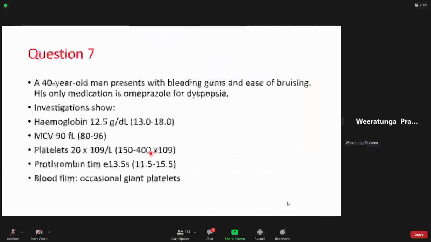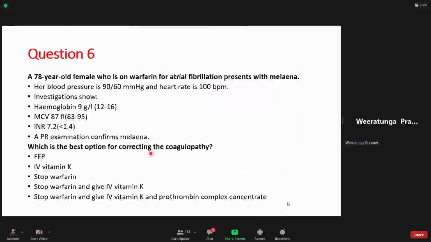78-year-old female on warfarin for atrial fibrillation presents with melena, so this is life threatening bleeding. Anything like gastrointestinal bleeding, intracranial hemorrhage, intraabdominal bleeding are all life threatening bleeding.